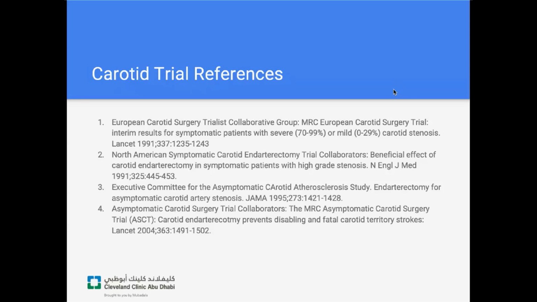keep track of your results in the form of a personal registry and also a departmental or hospital registry or institutional registry to keep track of your outcomes.